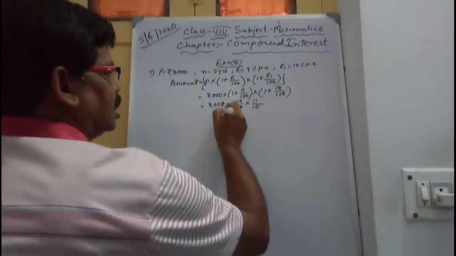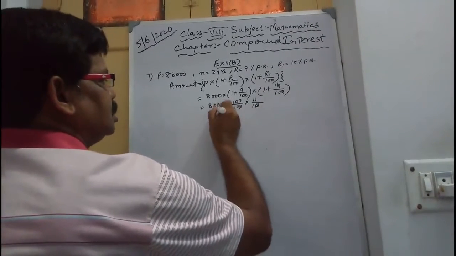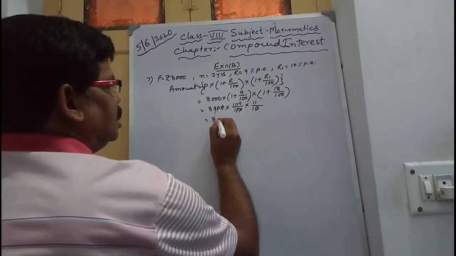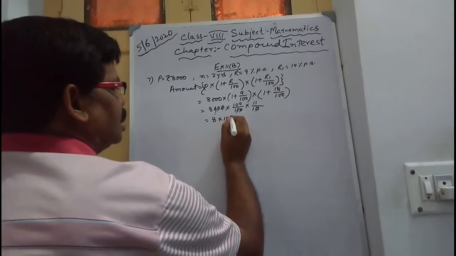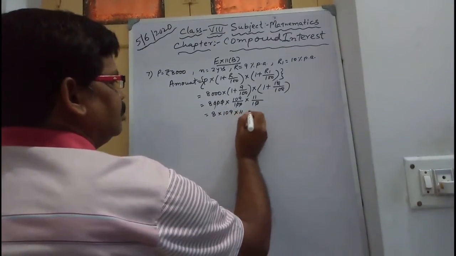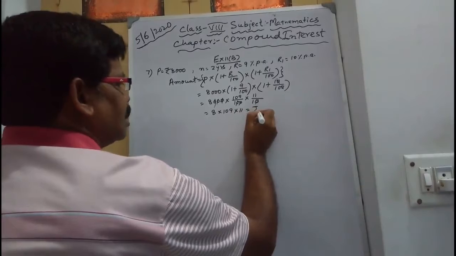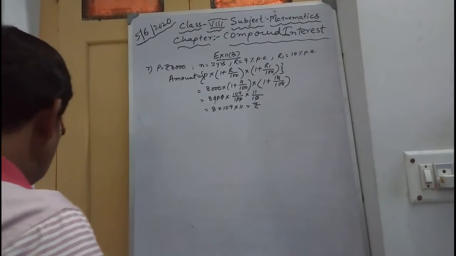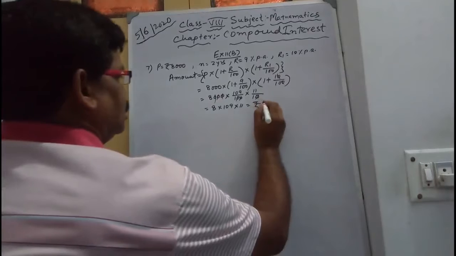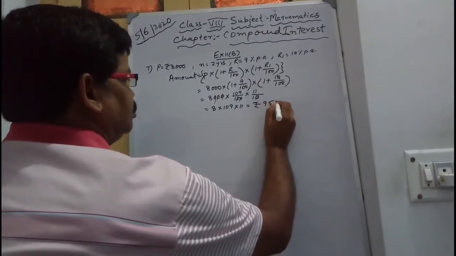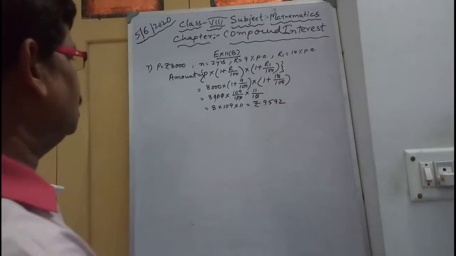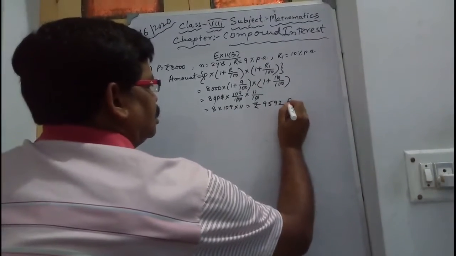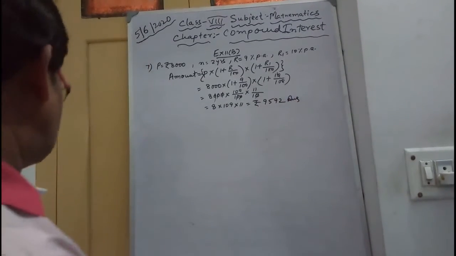Now cancel this 0, this 0. So 8 into 109 into 11. Multiply these three numbers, which is equal to 9592. So this one is the amount. So this one is the answer.